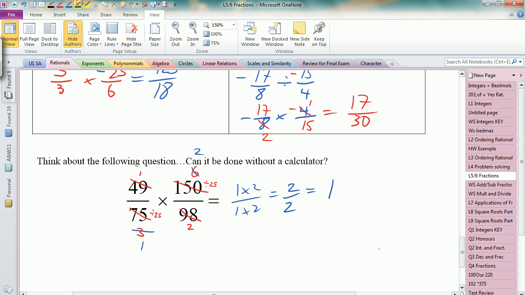So Sahib has a good point. I didn't reduce the 2 and the 2, but you can totally do that. So divide by 2 for 1, divide by 2 for 1, then you go directly to the answer. Okay.